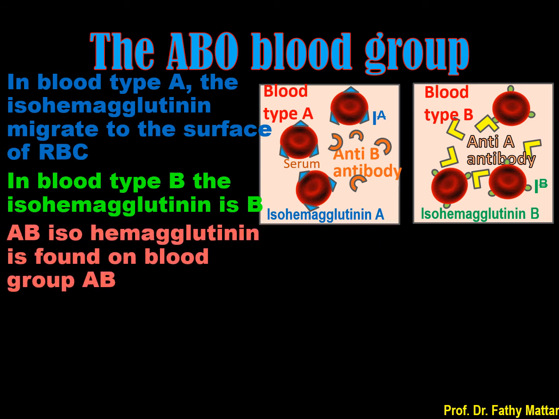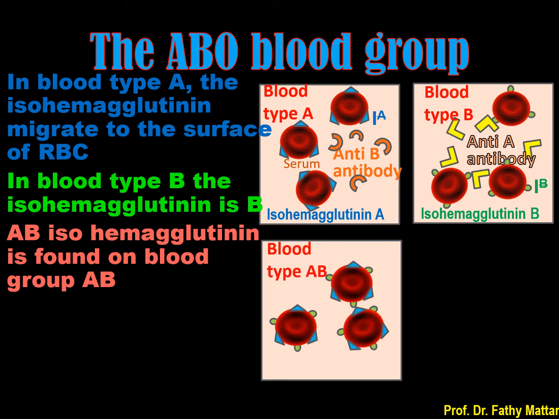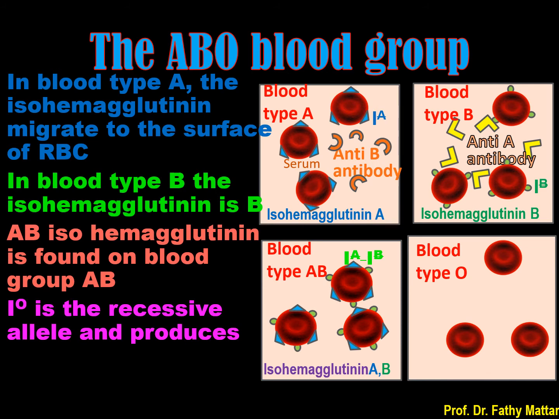In the case of AB blood group, we find that both isohemagglutinin A and isohemagglutinin B are found on the surface of the RBCs, and the serum does not contain any antibody for A and B isohemagglutinin.